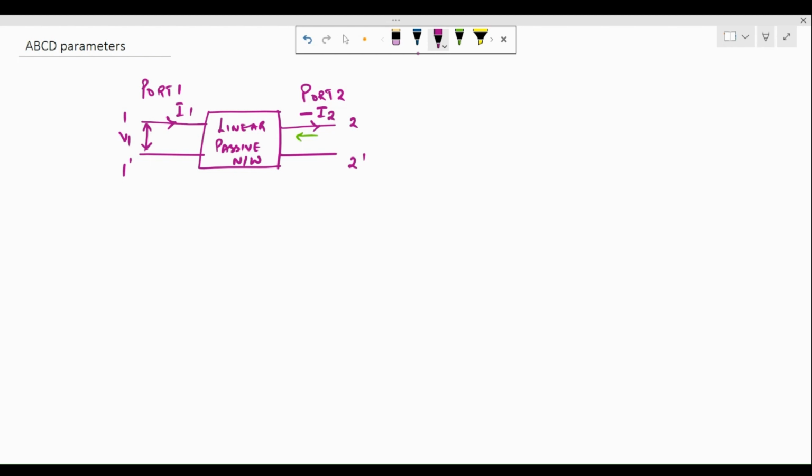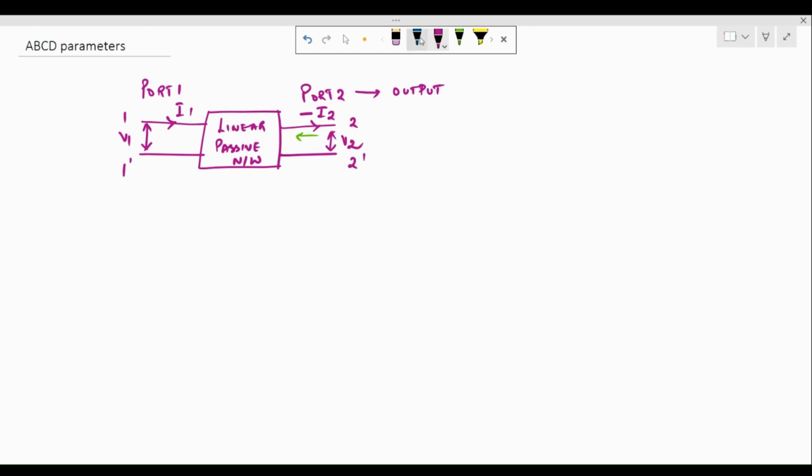Since here we consider port 2 to be the output port, we consider I2 as coming out of port 2, and therefore minus I2. And this voltage is going to be V2. Now, the ABCD parameters or the transmission parameter matrix can be written in this manner. This is basically a voltage-current pair kind of relationship.